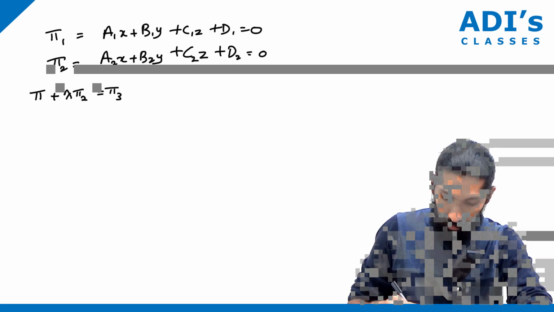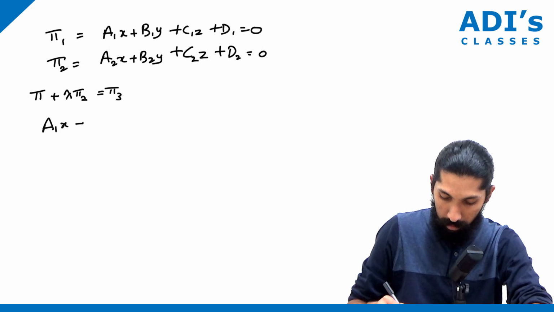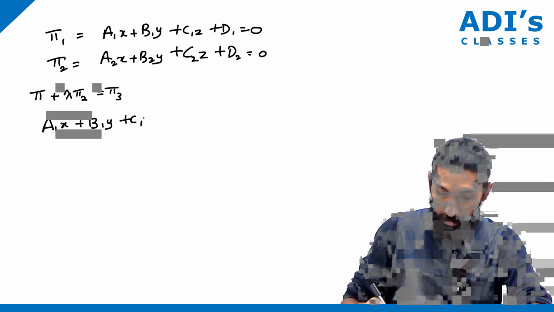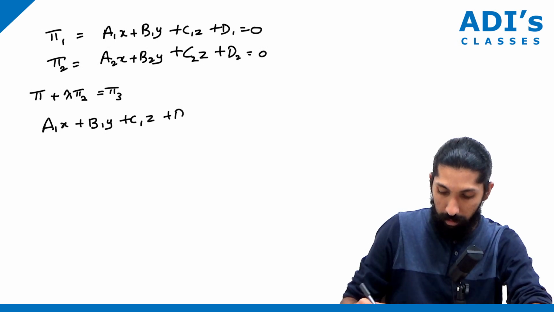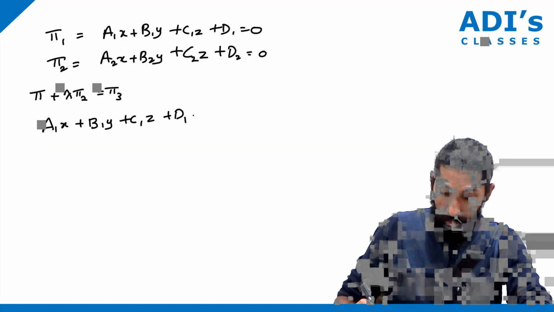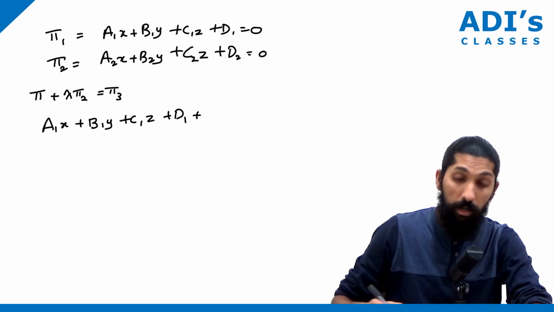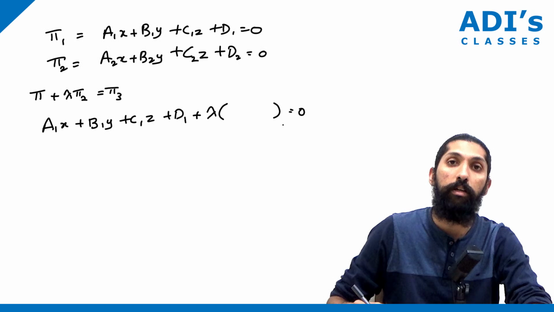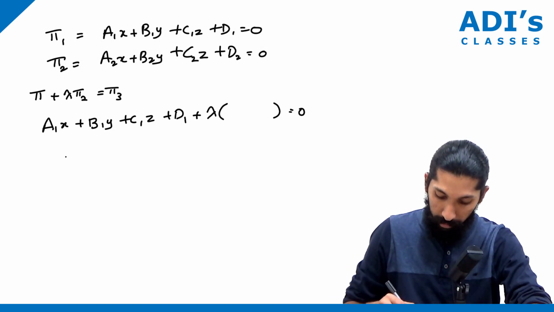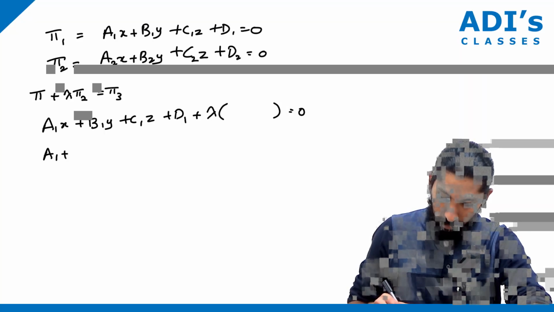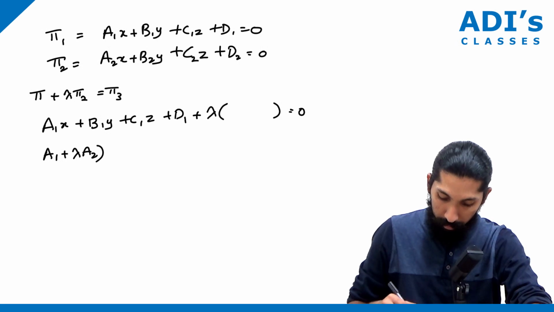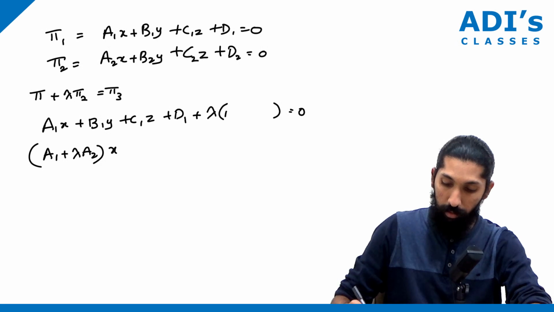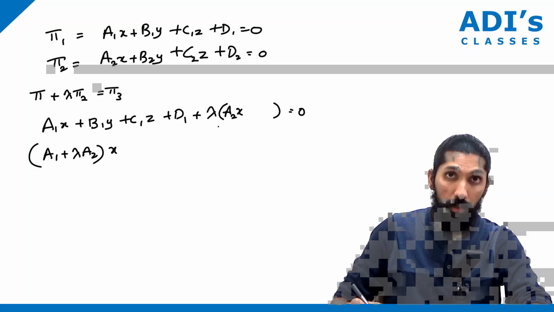So you're going to get a1x plus b1y plus c1z plus d1 plus lambda into the same thing, isn't it? So we are going to get a1 plus lambda a2 into x, because here you are going to have a2x here, correct?